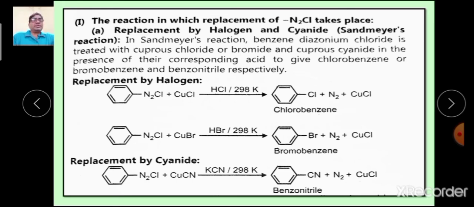Second one is benzene diazonium chloride on reaction with cuprous bromide. The corresponding acid is HBr, and here N2 is released, forming bromobenzene.